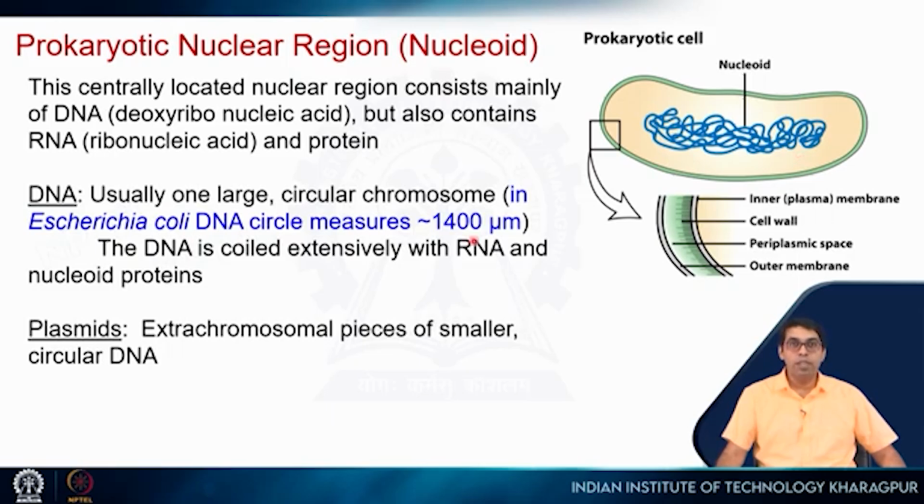E. coli DNA measures around 1400 micrometers in length, and this DNA is coiled extensively. RNA and other nucleoid proteins are also present, which form this nucleoid. Apart from this, there can be other smaller circular DNA present, which are called plasmids.